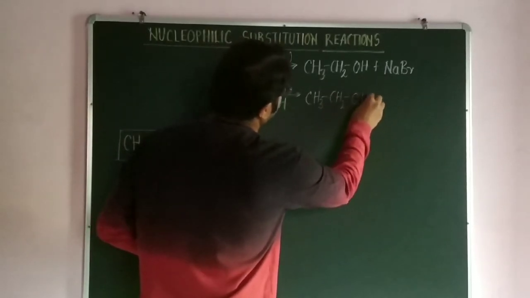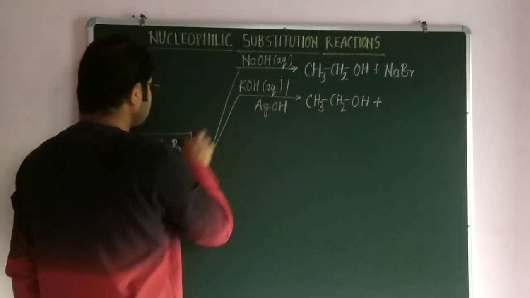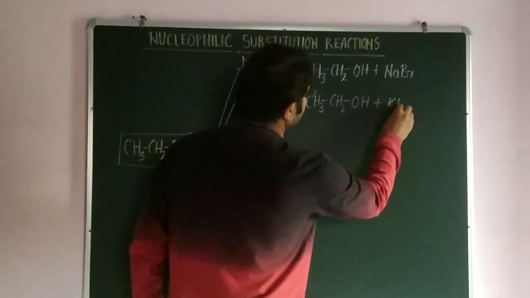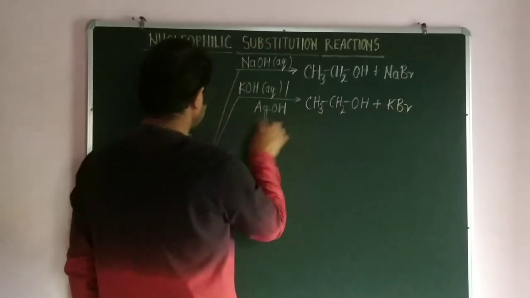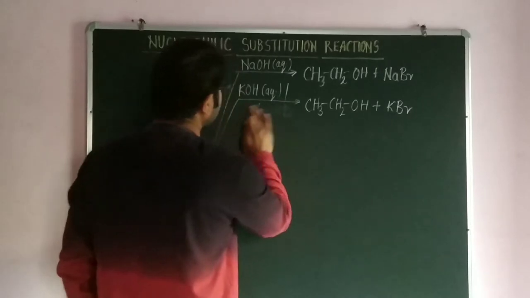If we use KOH, then the byproduct is KBr, and if we use AgOH, it forms AgBr. So simply we write KOH only here.